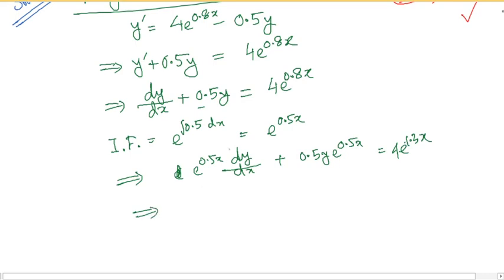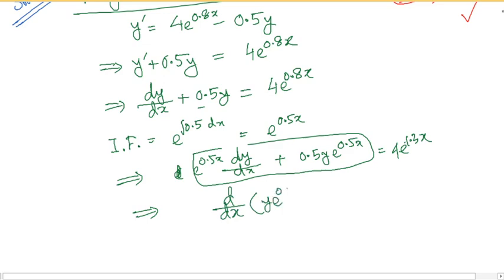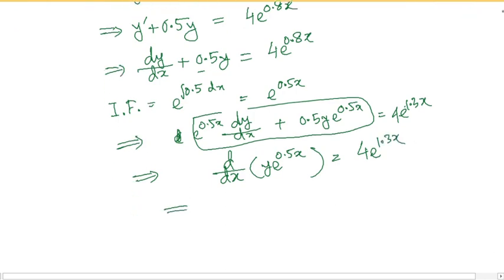So these two functions can be combined together to get this value. From this we can write, if we integrate on both sides, you'll be getting 4 e to the power 1.3x plus a constant term here.